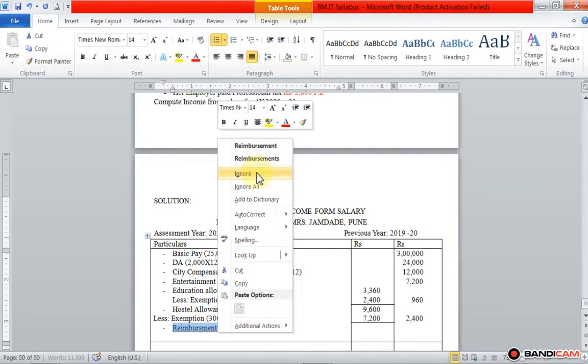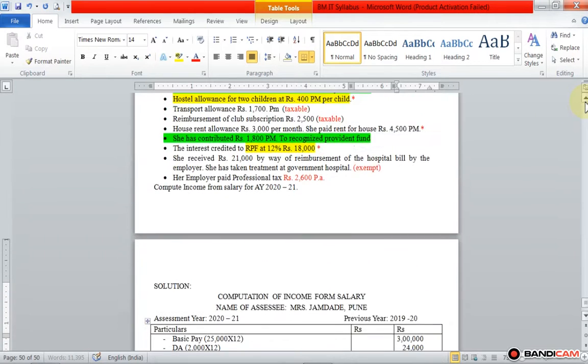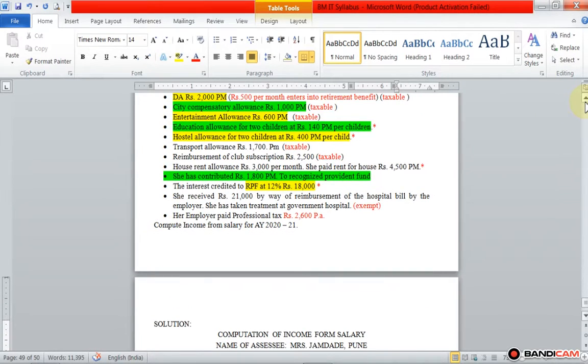Reimbursement of club subscription amounted to rupees 2,500.